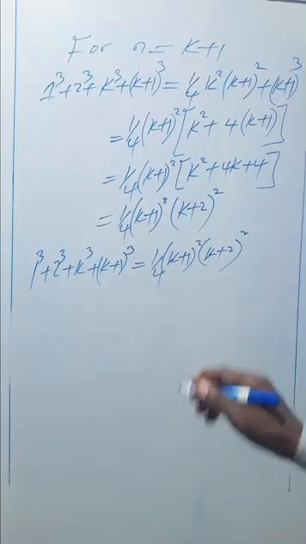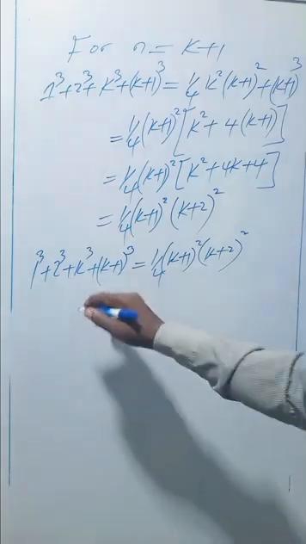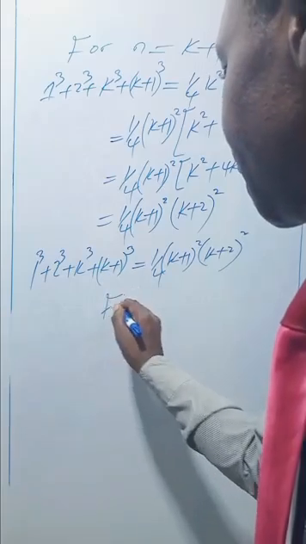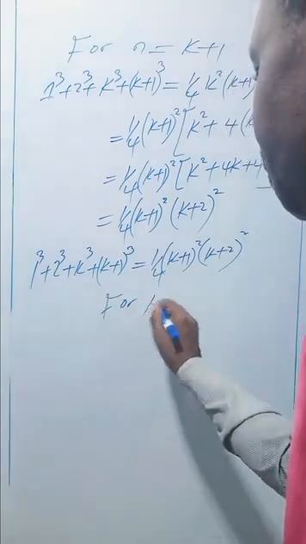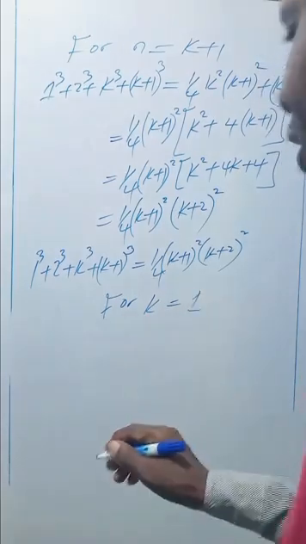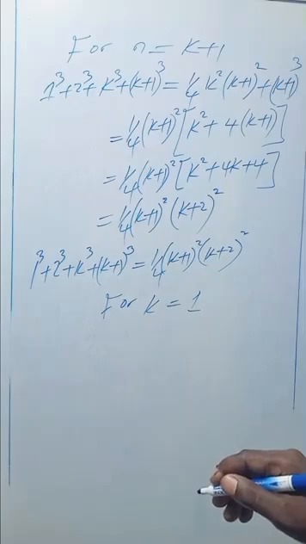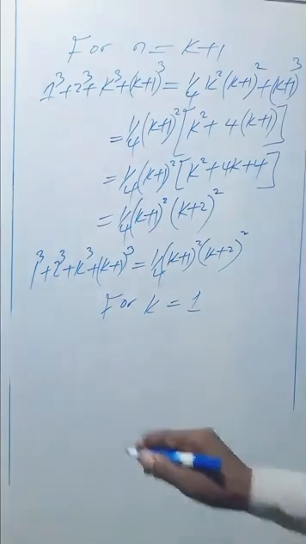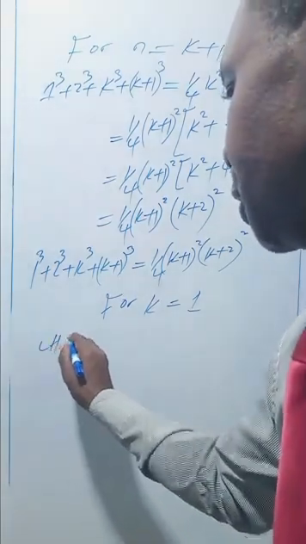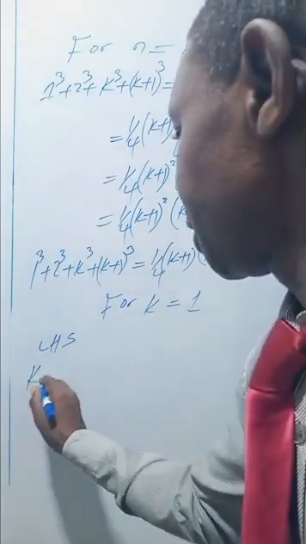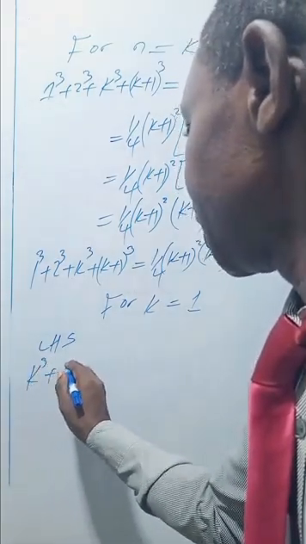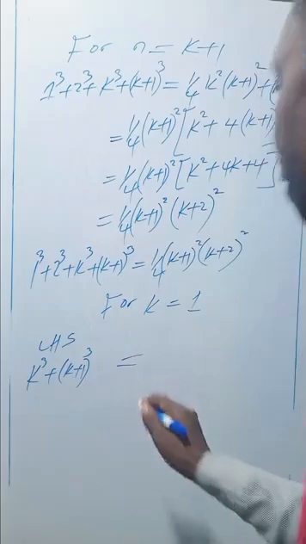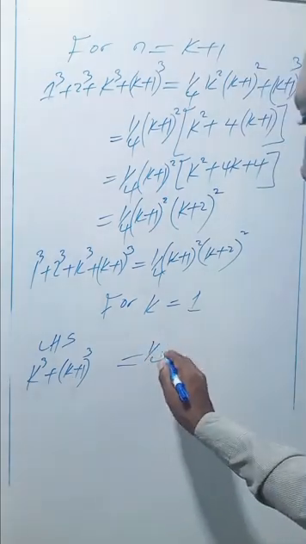Let's try to check what if we take our k to be equal to 1, with the left-hand side equal to the right-hand side. What do we do? We take the last two terms of the left-hand side. So left-hand side, we take k cubed plus k plus 1 cubed, and on the right-hand side we take the whole of it.